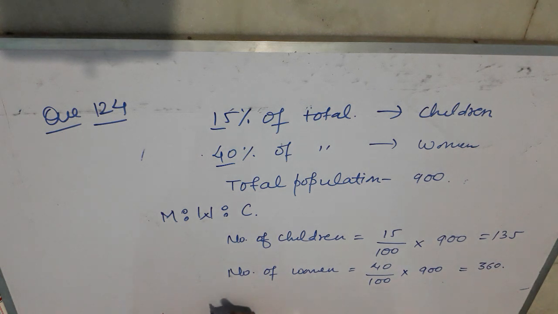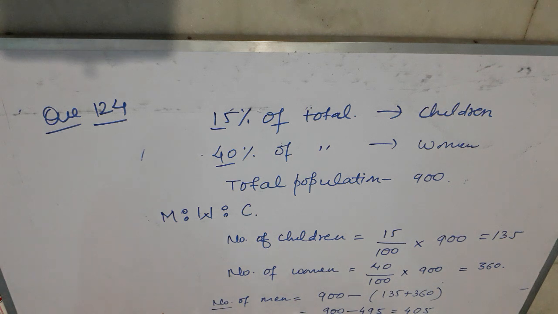Now the remaining is the number of men. The number of men will be the total 900 minus the total number of children and women, that is 135 plus 360, which is 495, and 900 minus 495 will be 405.